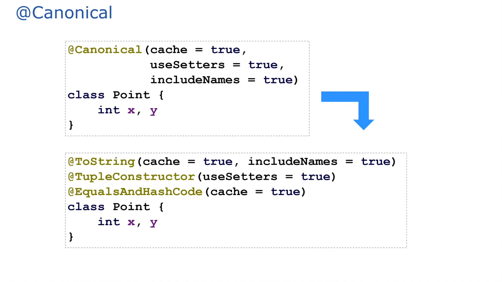So you can see cache equals true has been spread over to the toString and the equals and hashCode. So that would be appropriate if I've got a class where I'm not changing my X and Y points if they're part of the hash code. So I'd cache it, which would mean I'm treating this as an immutable class here.